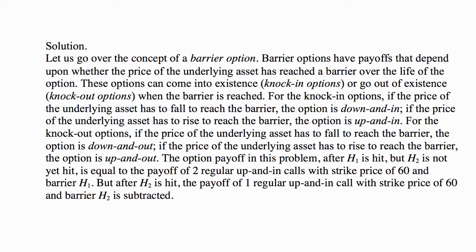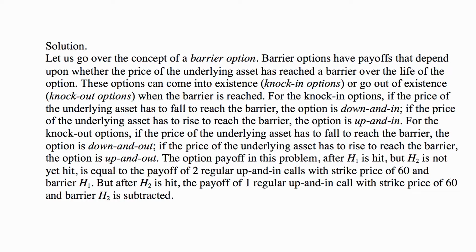First, let us go over the concept of a barrier option. The barrier options have payoffs that depend on whether the price of the underlying asset has reached the barrier over the life of the option. These options can come into existence, and then they're called knock-in options, or go out of existence, and they're called knockout options when the barrier is reached. For the knock-in options, if the price of the underlying asset has to fall to reach the barrier, the option is called down and in.